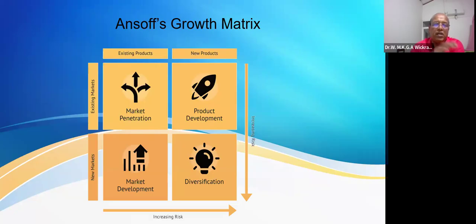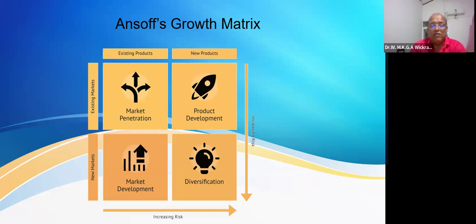You can keep in mind these 4 quadrants, very easy. Existing product into existing market is market penetration. It means you are penetrating the existing market and trying to make the profit. Product development is also a little bit risky because the risk has increased as you are doing new products.